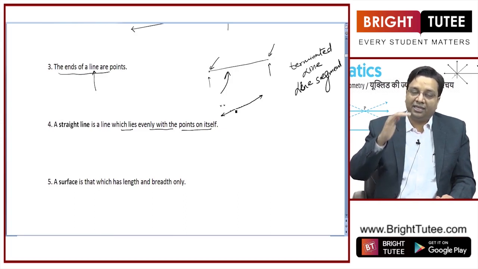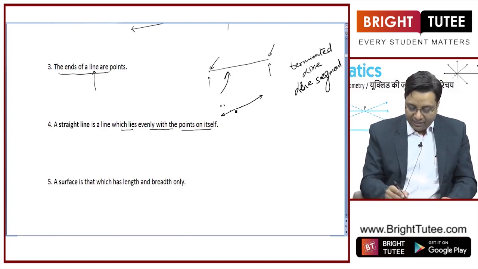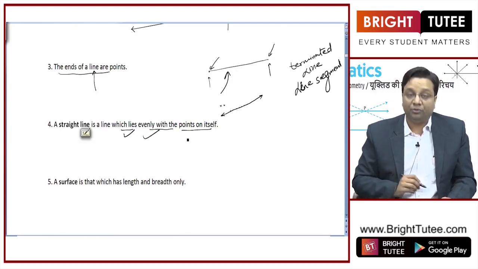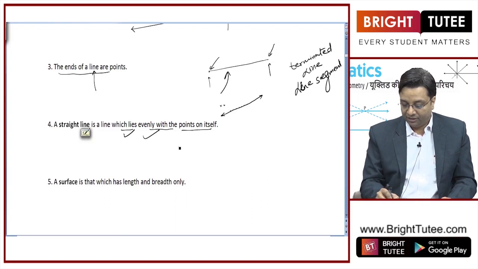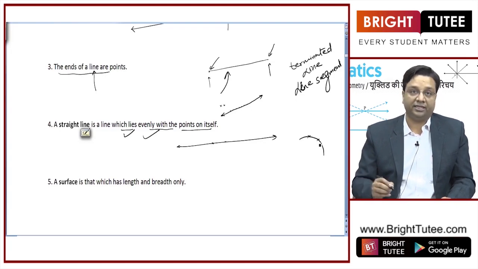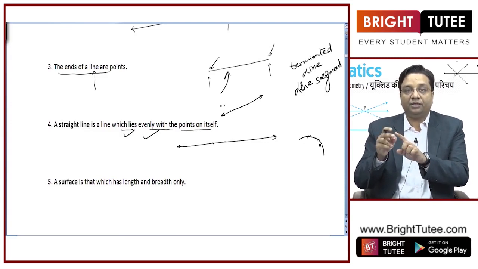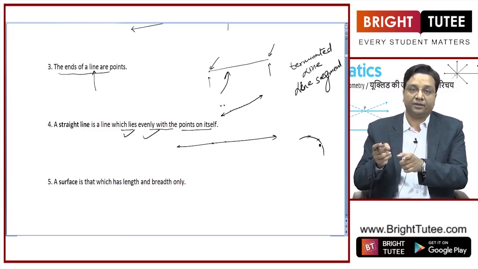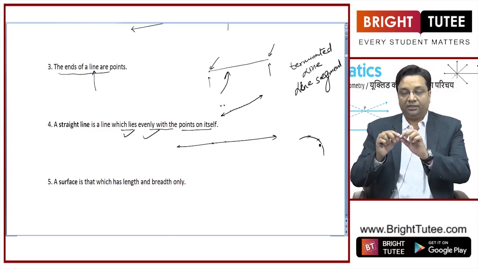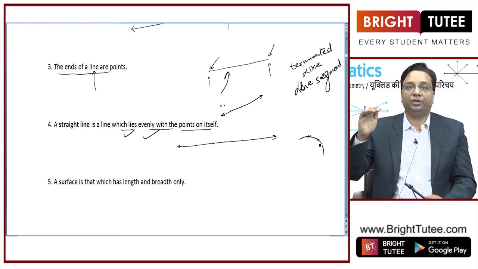But a straight line is a collection of points where it lies evenly with the points on itself. Otherwise, a collection of points can be like this also, but this is not a straight line, because it does not lie evenly with the points on it. So it should be symmetrical, or the same everywhere with respect to a point.